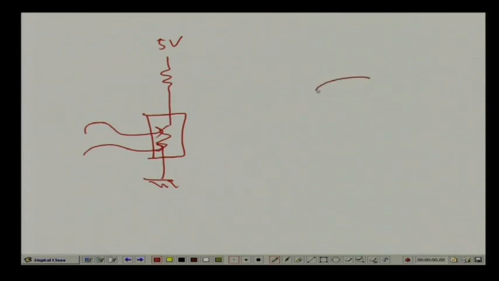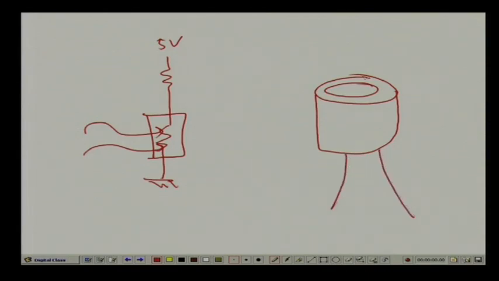As I told you earlier, it is encapsulated, 2 leads are coming up and we can see the photoresistor here, light falling on this. And obviously if the light falls, this voltage will change. Because the resistance changes, this voltage VO across it will also change.